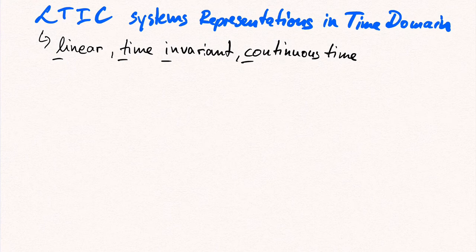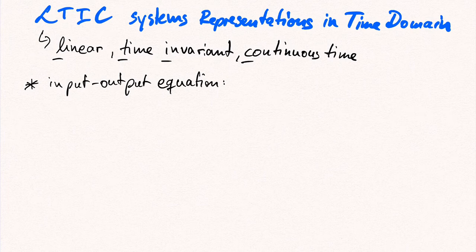LTIC systems can, for instance, be represented in the time domain by the input-output equation, which has n+1 terms on the left-hand side.